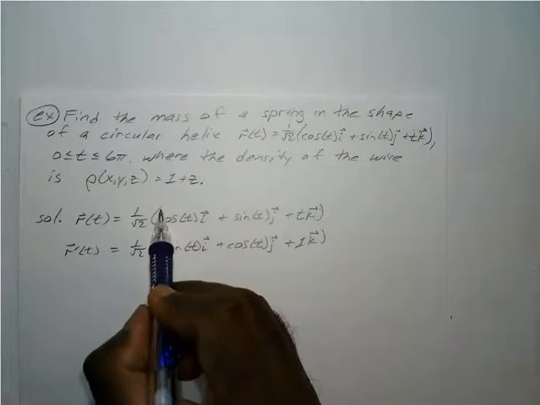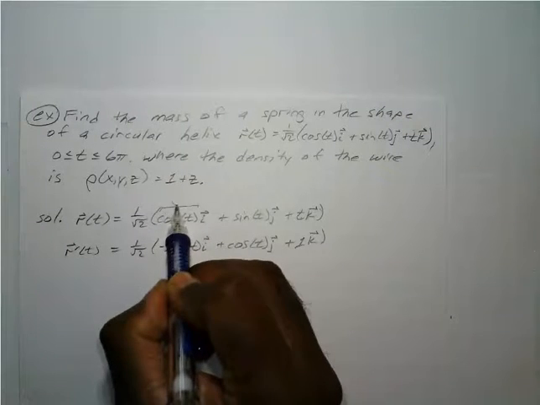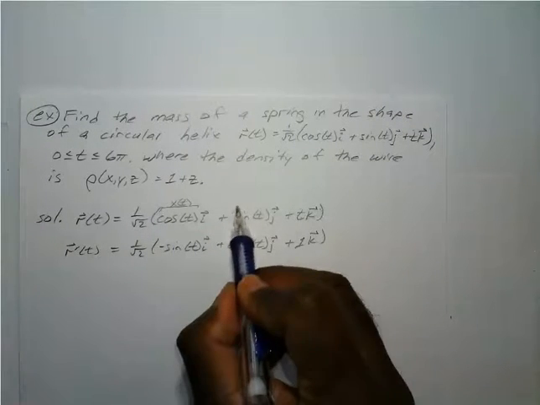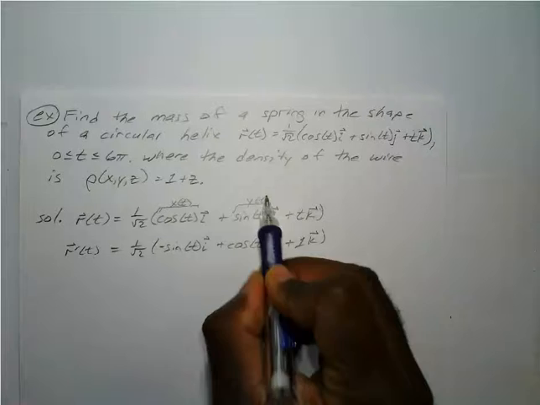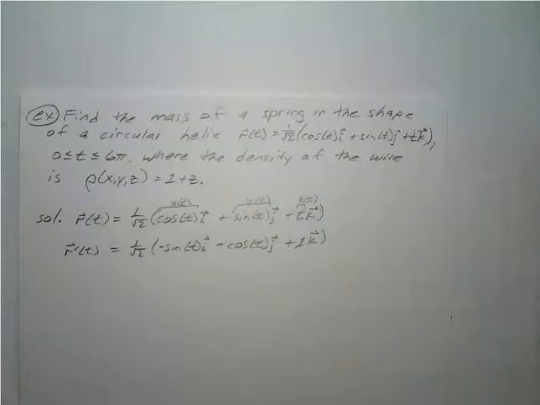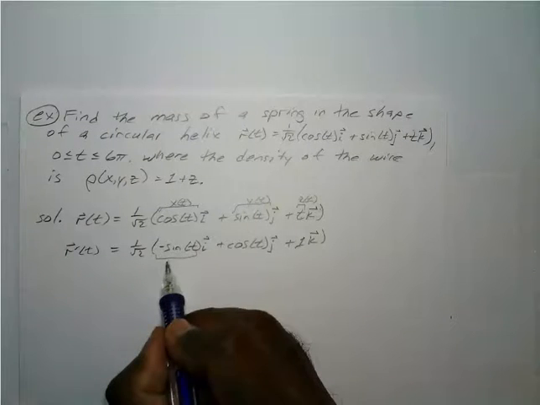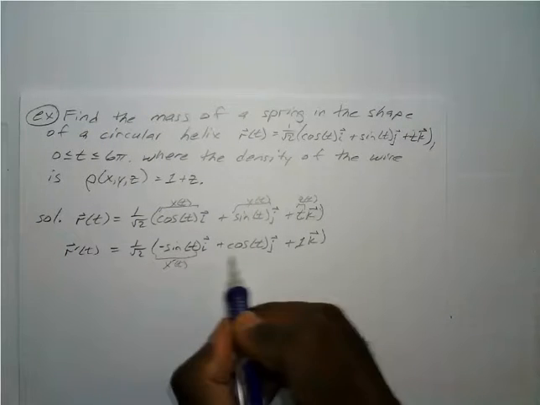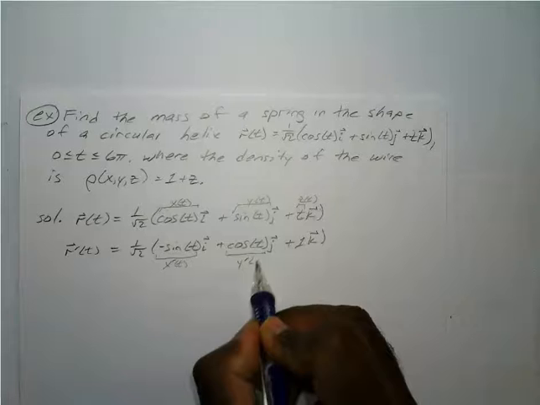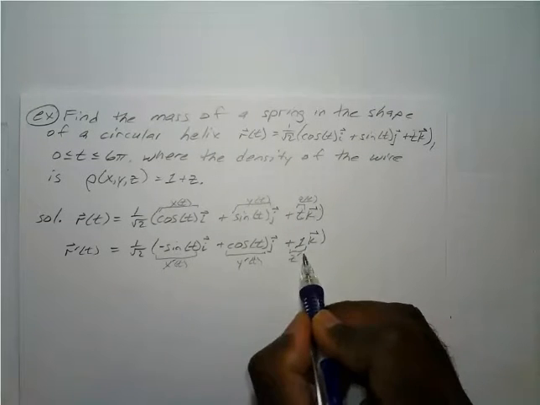Okay, so we can use this up top. It's your x of t, your y of t, and your z of t. And of course, this is your x prime of t, your y prime of t, and your z prime of t.